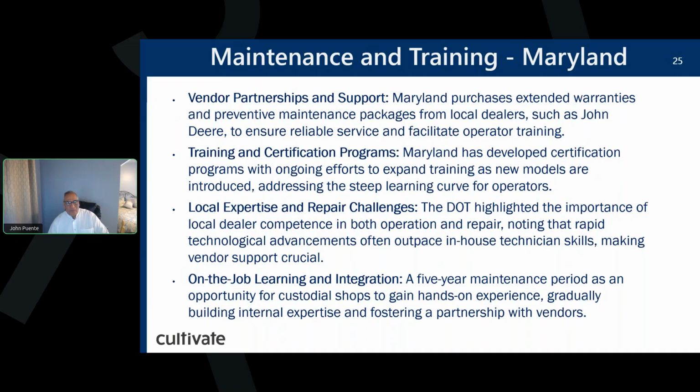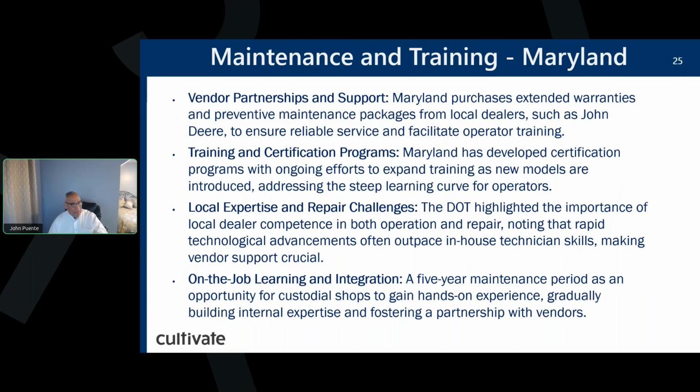One thing that they highlighted was the importance of a local dealer and their competence in both operations and repairs, and not just for sales, because the technology and the equipment often outpaced the mechanical skills that were available to them. So the technicians often weren't able to keep up locally within the DOT with the technology that was changing at a very fast rate.